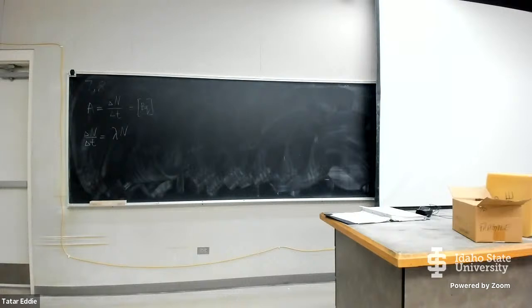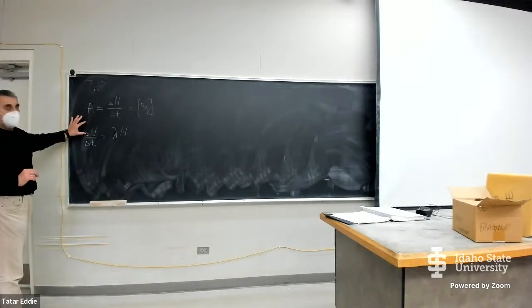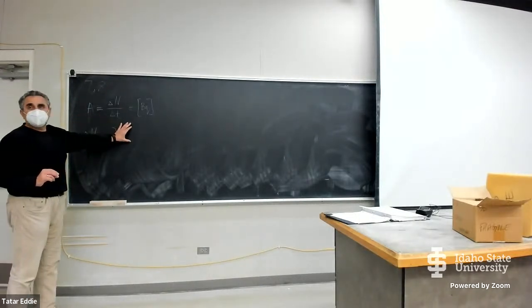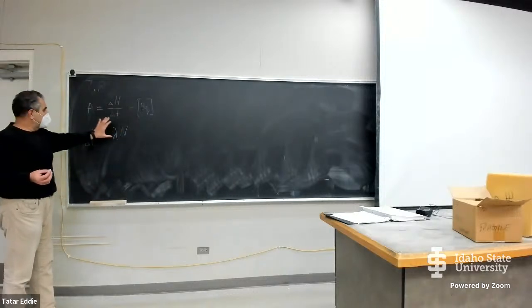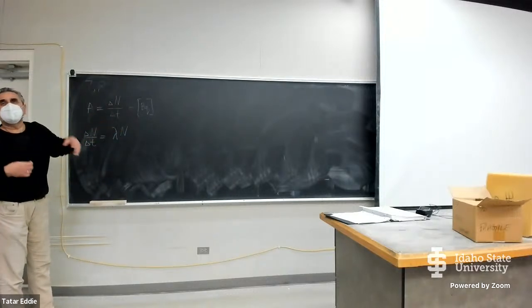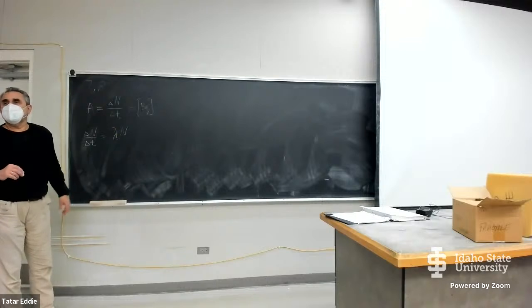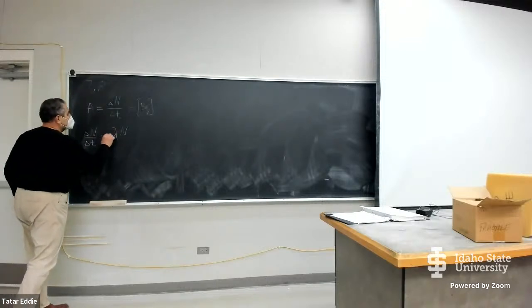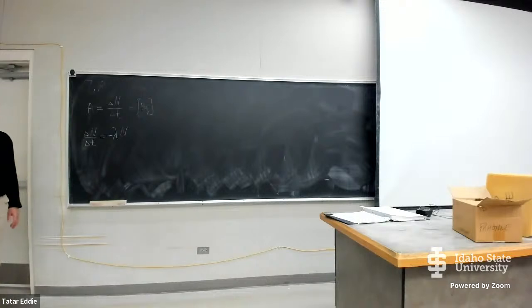Now, since delta N is a negative number, and N is the number of atoms, so it cannot be negative, in order to work with positive decay constants, you insert a negative algebraic sign.